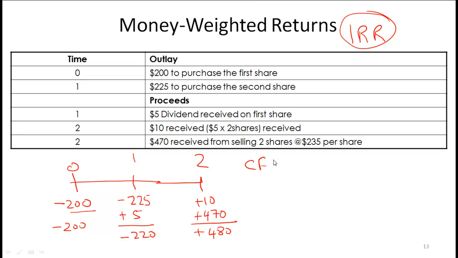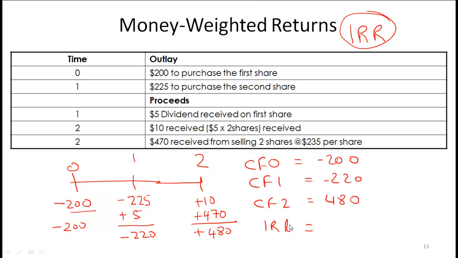You have cash flow 0 is equal to minus 200, cash flow 1 is equal to minus 220, and cash flow 2 is equal to 480. And when you compute your IRR, you will get IRR is 9.39%. So very straightforward. Just plug in your cash flows and use the IRR to get your return.